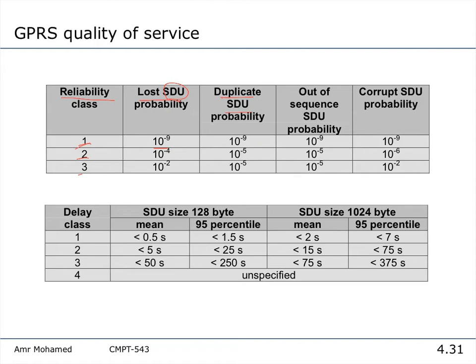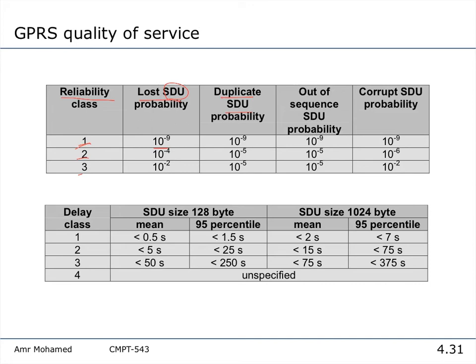So reliability is defined by multiple things: by the amount of service data units that get lost, or get duplicated, or get corrupted, or something like this. All of these are part of the reliability. And by assigning the mobile station to one of these classes, you can get this. So how can the SGSN or the GGSN provide this level of classes? They have to adaptively allocate the time slots to make sure that on average you get this.